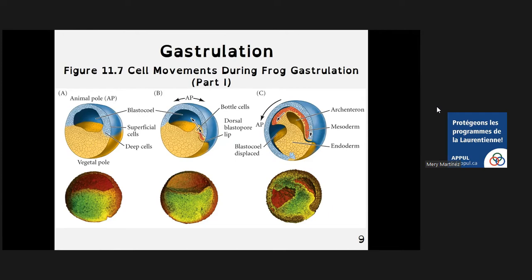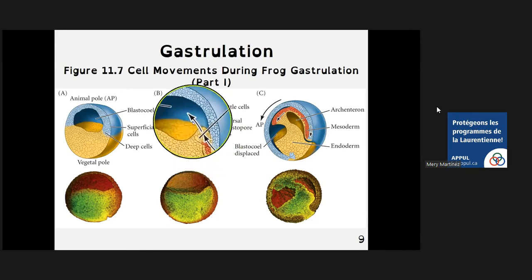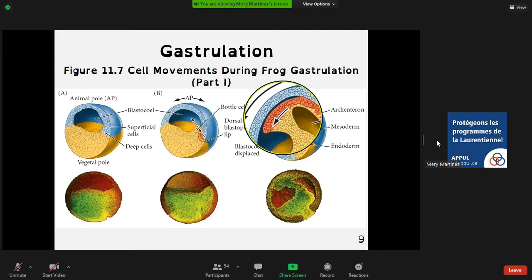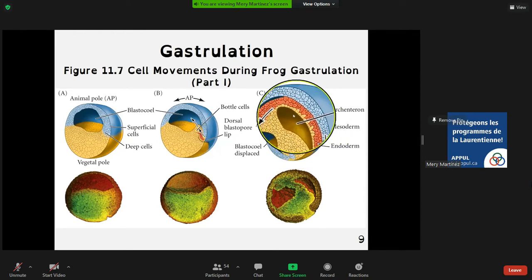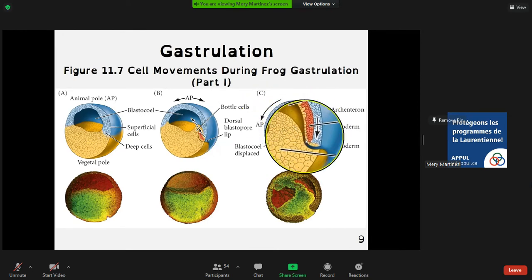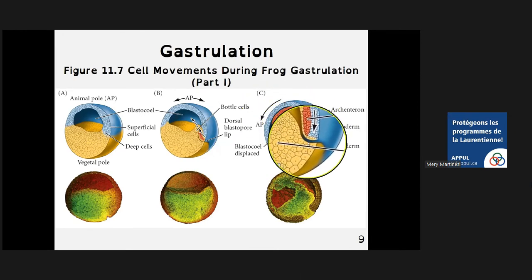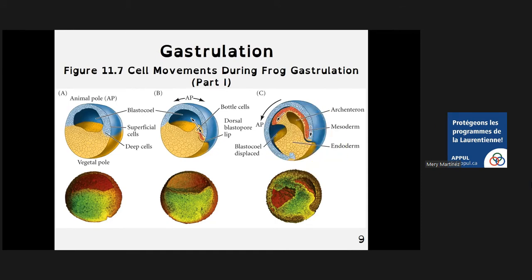They change their shape and become now the bottle cells. These bottle cells line the archenteron as it forms. So they start going in, and they're going to be lining this archenteron as they pass through the lip, the dorsal lip of the blastopore.